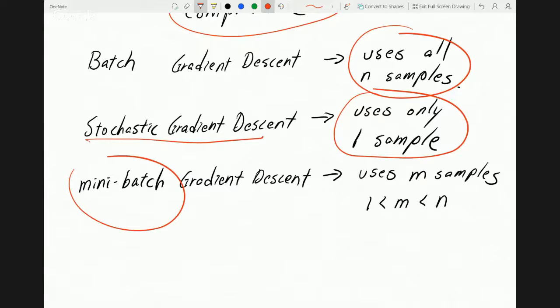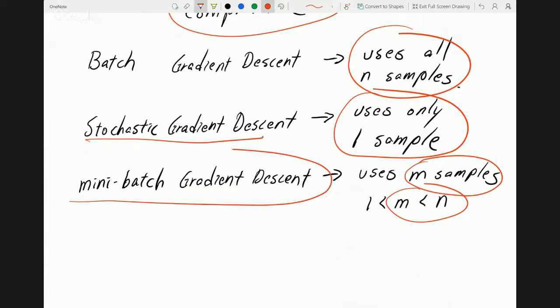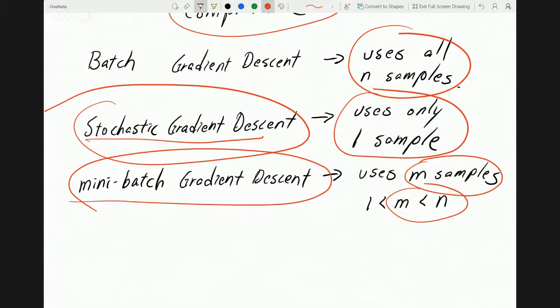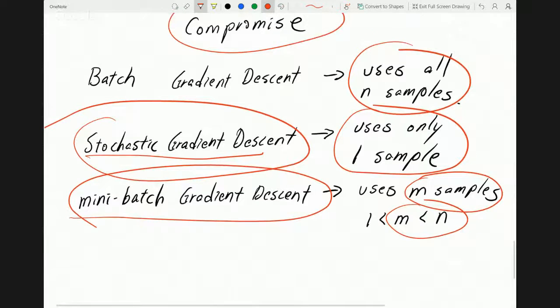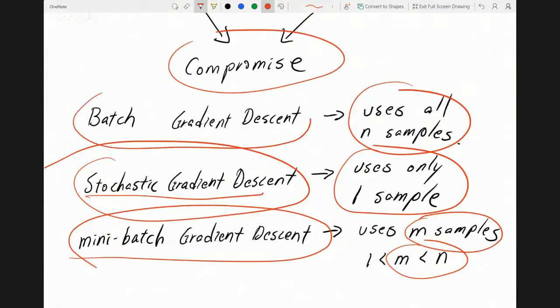We don't use one, and we don't use all of them. We use some n samples that is greater than one but less than m. So you pick something reasonable and do it from there. It turns out mini batch gradient descent converges even faster than stochastic gradient descent.